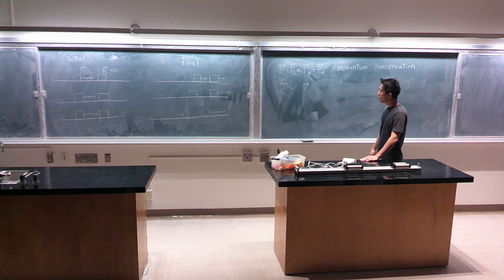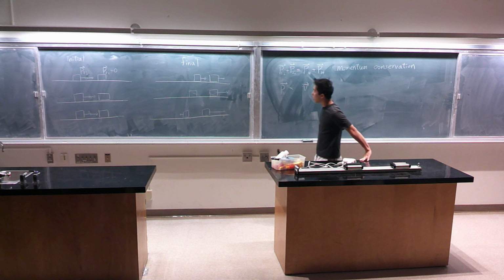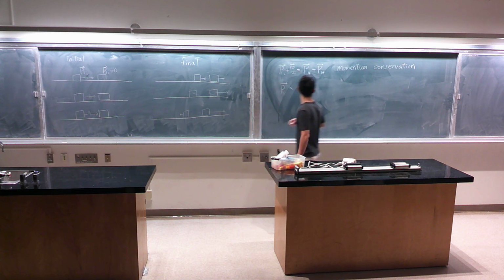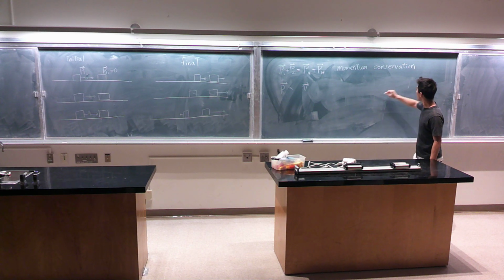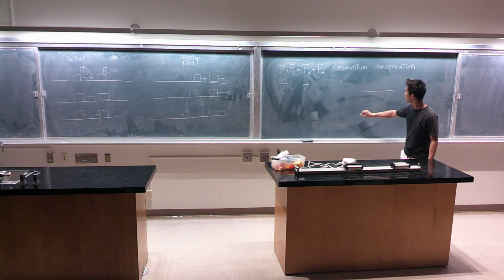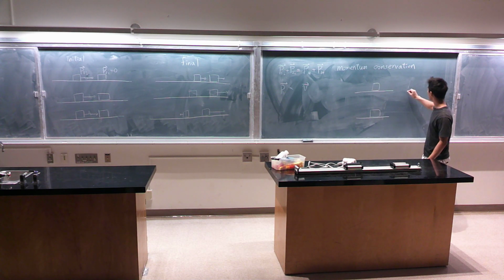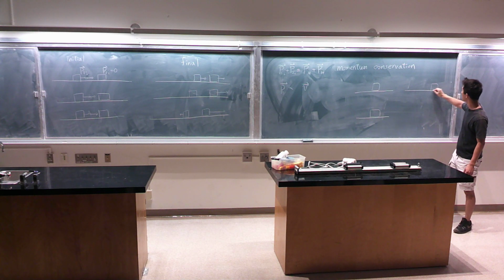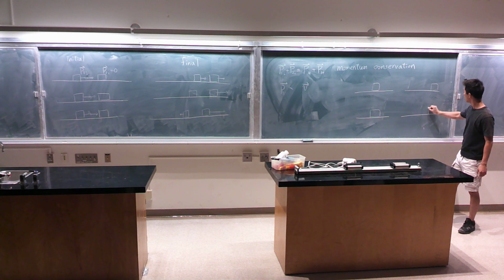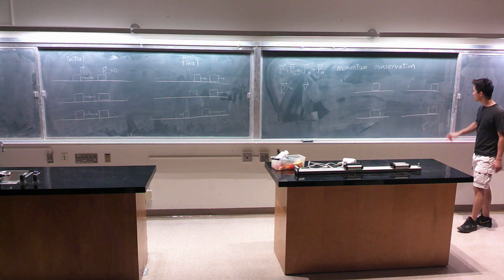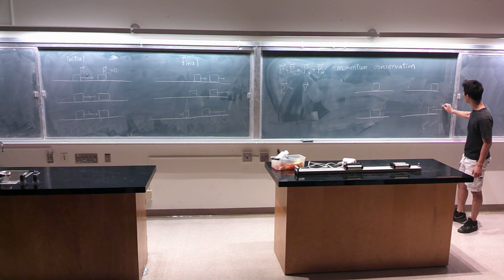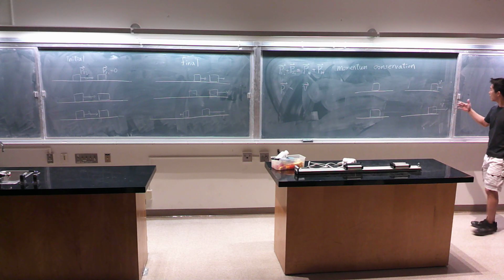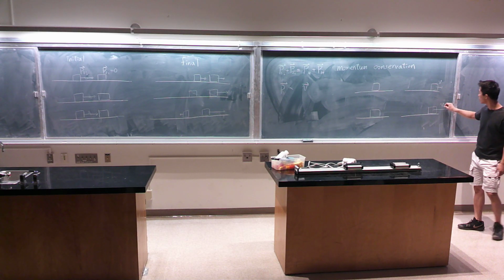So, of course, if the second car is moving faster, so this is the initial state, this is our final state. If in the final state the car is moving faster, then the momentum must be bigger.